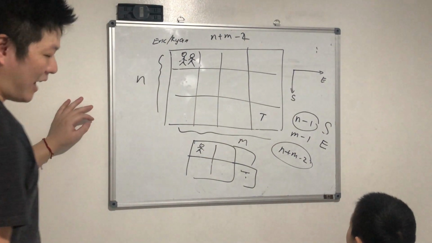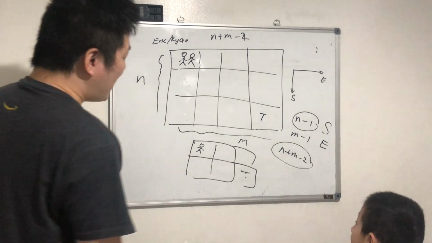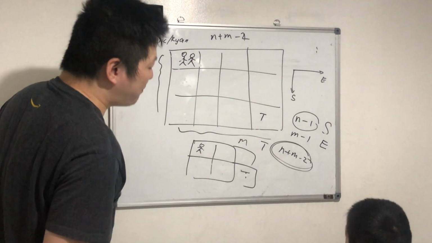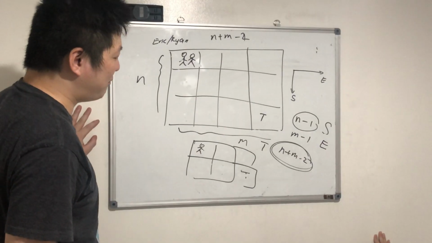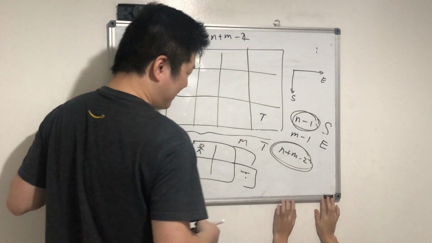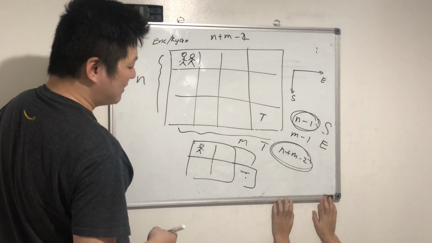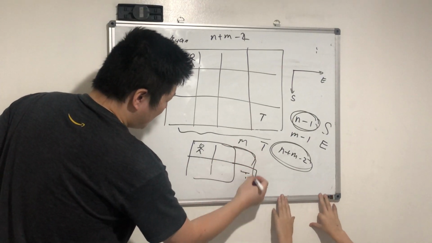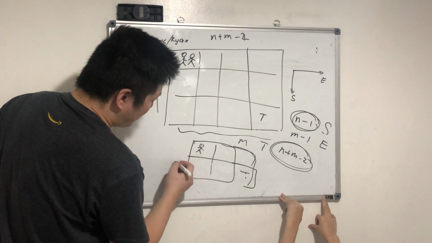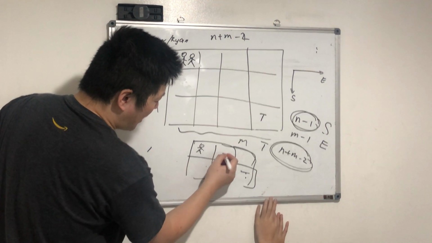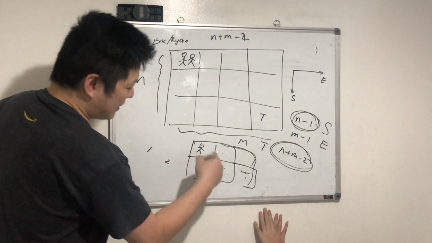So of all these steps, this is total steps, and I want to pick the number of south. Does it make sense? So for example, this one, there is 1 step to the north, and then there are 2 steps to the east.